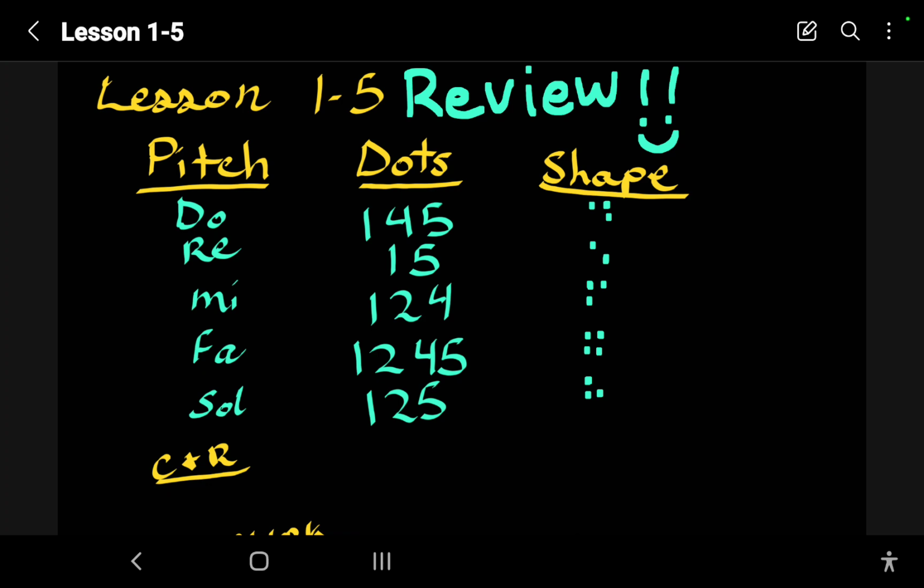An example would be if I said E, you would say re, because E and re share the same dot pattern. And we have gone through this in other lessons, so if this might be a little tricky, you might need to go back to previous lessons.